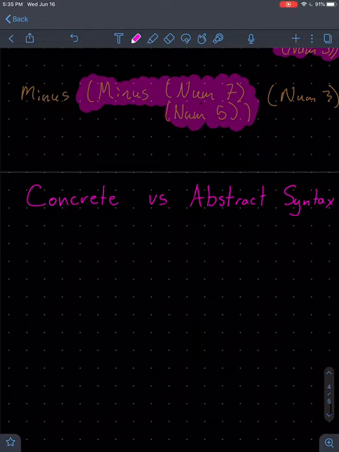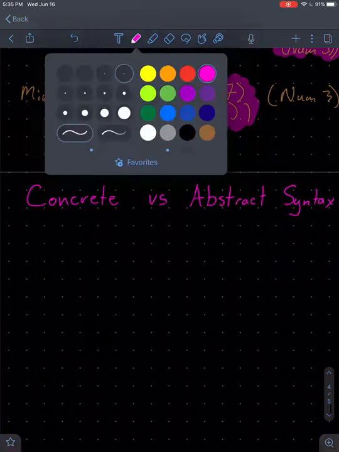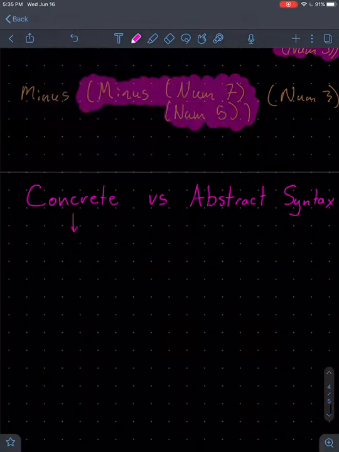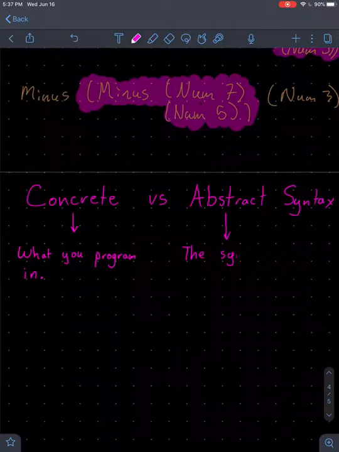The concrete syntax is usually what you're used to programming in, whereas the abstract syntax is the syntax used by the language designer.